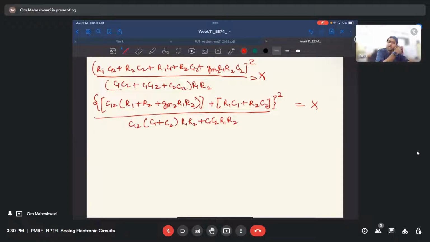Now we can form a quadratic equation for C12.